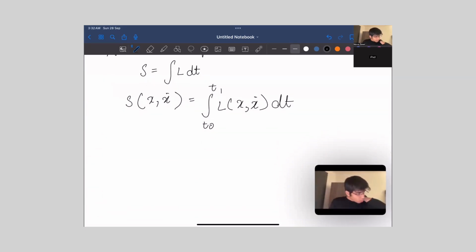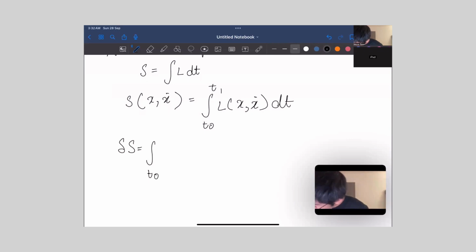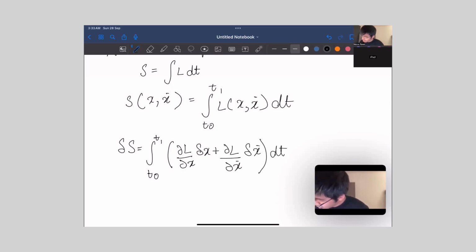Now, what would happen if I vary the action, if I introduce a small wiggle in the action, if I change it a little? So there, my notation becomes something like this: delta S equals the integral from t0 to t1.